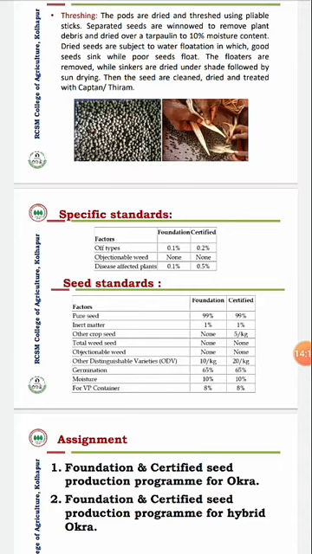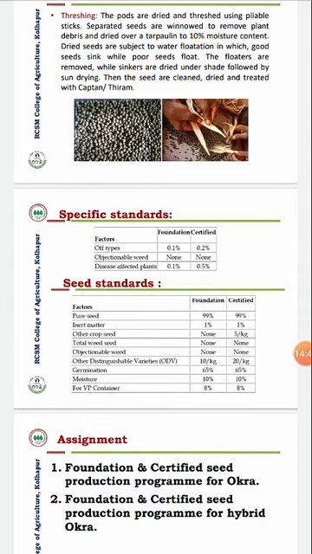If you see the seed standards, pure seed is 99% for the foundation as well as certified, inert matter 1% for both cases. Other crop seed is not allowed in foundation seed, and 5 seeds per kg are allowed for the certified seed production program. Total weed seed and objectionable weed are not allowed in both cases.